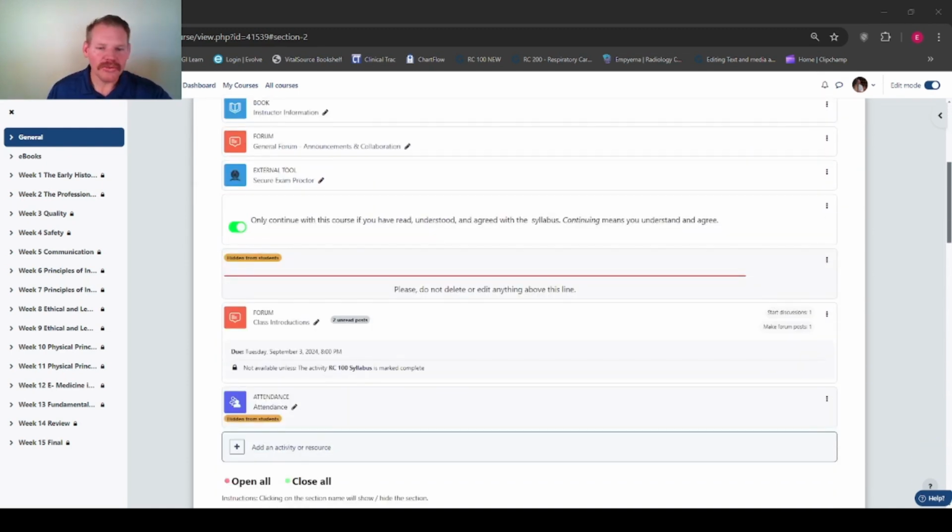If we scroll down, on my end it shows that you cannot do your first assignment until you have opened the RC100 syllabus. If you look right there at the bottom, it says: not available unless the activity RC100 syllabus is marked complete.